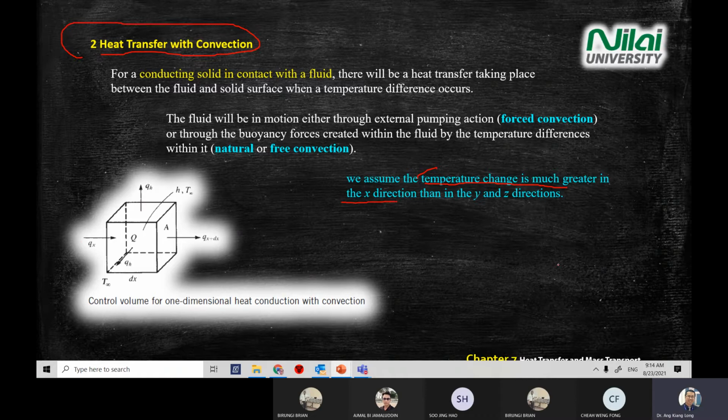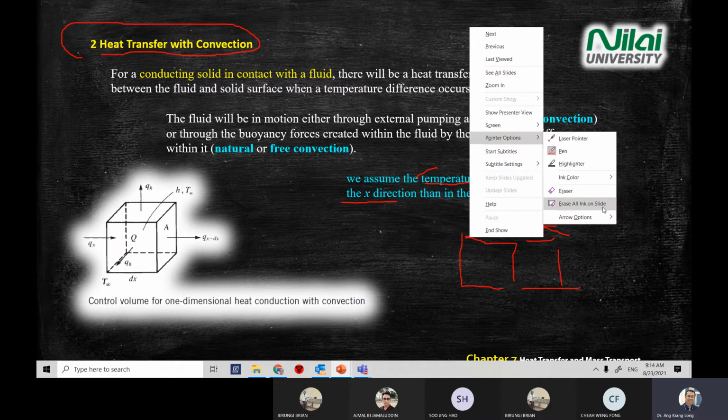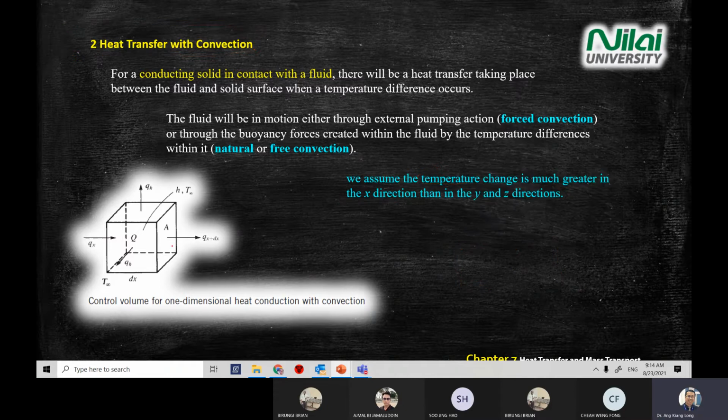So if you draw a control volume, or you can see from the right hand side cube, the heat transfer in the X direction is greater than in the Y and Z directions.